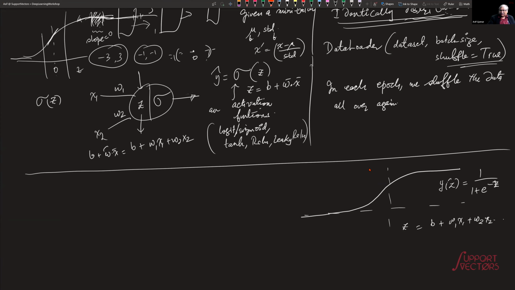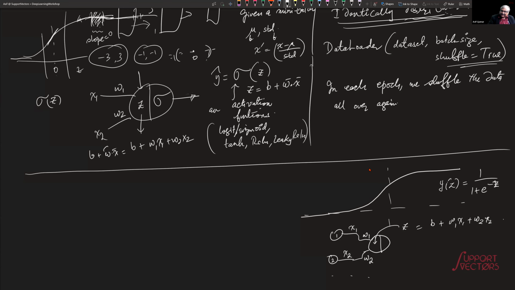Let me stay with two nodes for the time being. So you have a node here, 1, 2. The output of this is, let's say, X1. The output of this is X2. And they feed into this particular node here. And there are many nodes, but let's look at this one. So now Z here is what? It is the weights W1, W2, right?